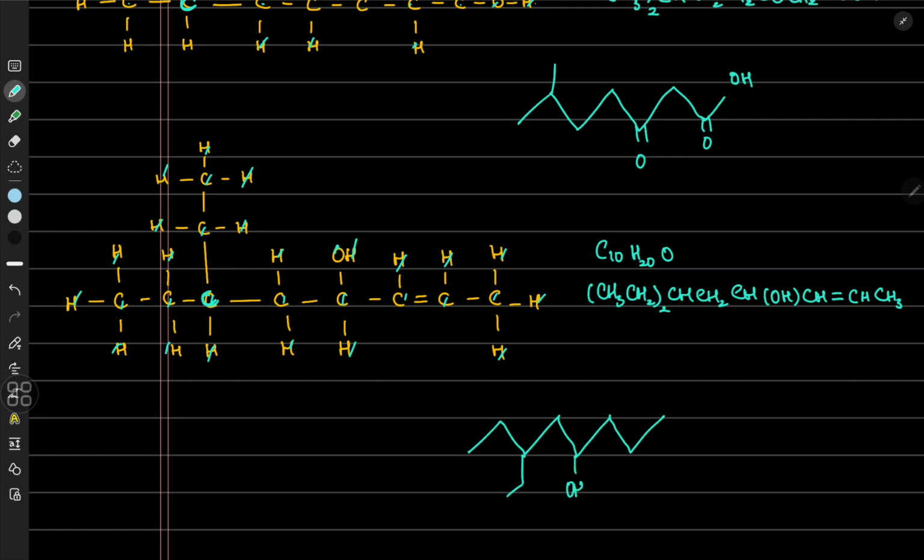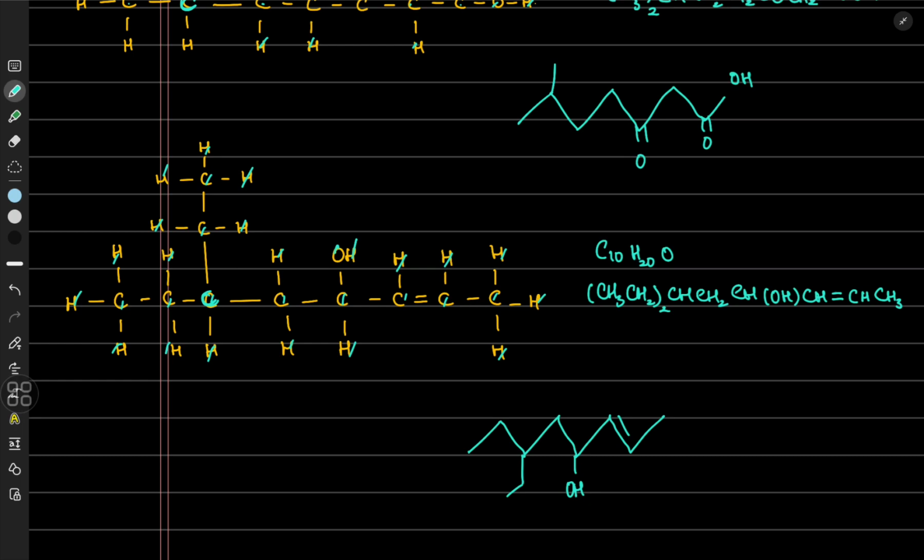There's an OH group like this. The next two carbons have a double bond between them. So we have a double bond here and a CH3 group attached to that, a CH group of course. So as you can see, this is the skeletal formula for this compound.